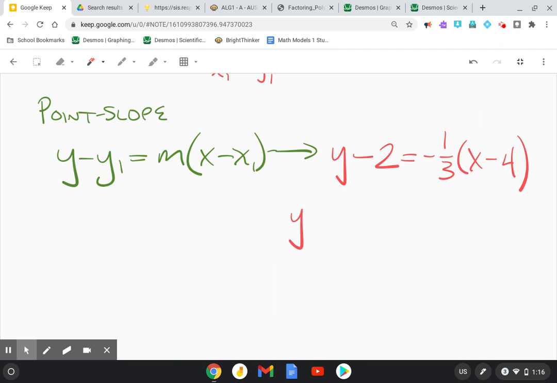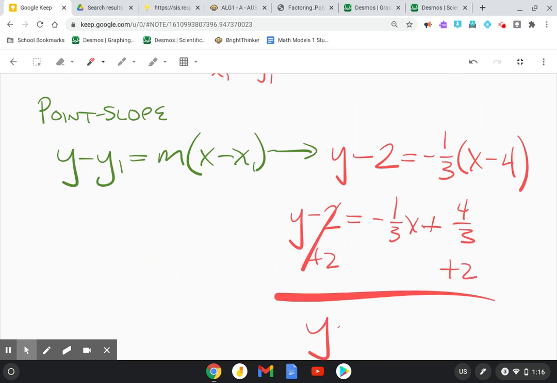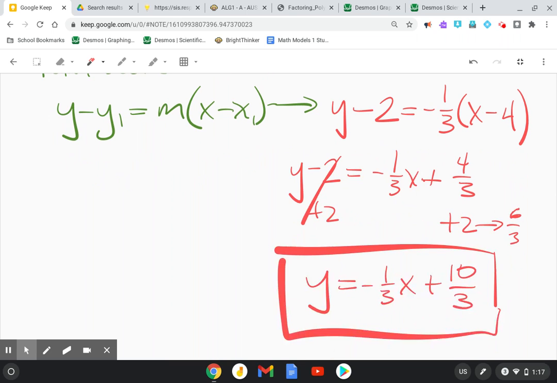So we're going to get y minus 2 equals negative 1/3 x plus 4/3. We're going to add 2 to both sides. Y equals negative 1/3 x plus 10/3. I got that because 2 can be rewritten as 6/3. 4 plus 6 is 10, and so that's the equation that we get right there.